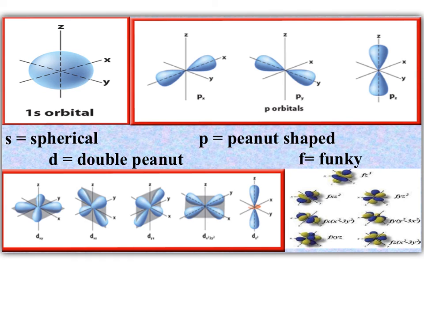And then the double peanut lies in the planes in between the x, y, and z planes, so the double peanut ends up with a total of 5 different orbitals. And then the f orbitals, those just get really strange. But the reason why is each orbital is trying to find space where other pairs of electrons aren't already hanging out. So that is a quick look at atomic orbitals or sublevels.